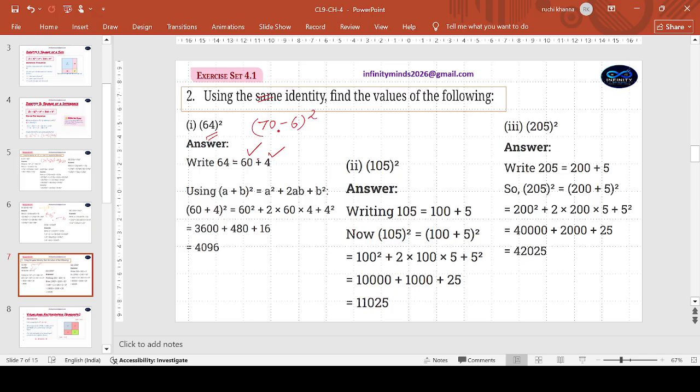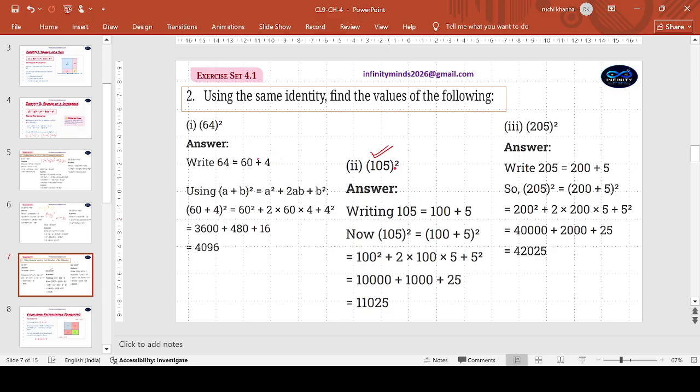It won't be wrong. Then I will be making use of (a minus b) whole square. That is equally fine if you are given a choice. It's not about which is better. Either way, for this question it's the same. Ideally, questions of this type are the ones where identity application is valid. This is just given for practice.